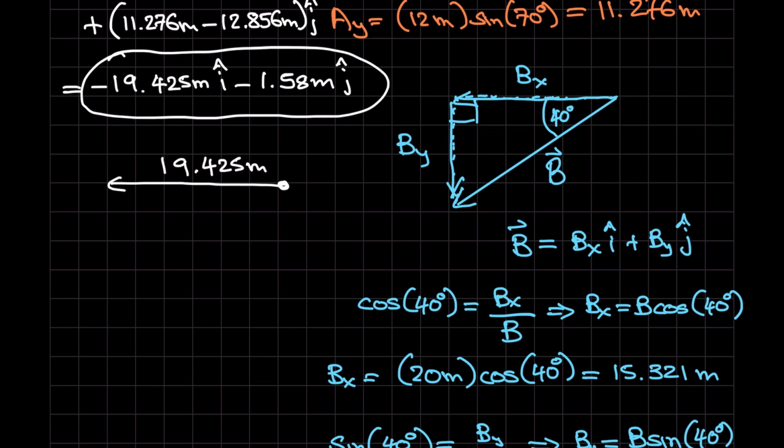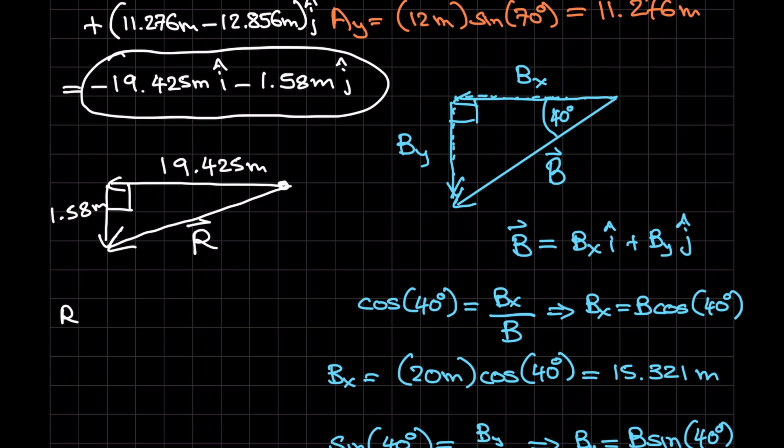And then we also move in the negative j direction, 1.58 meters. If you did that, the result looks like that. So that's what the result R looks like. And the nice thing about the ijk unit vector convention is that you're always setting up a right triangle when you list these components.